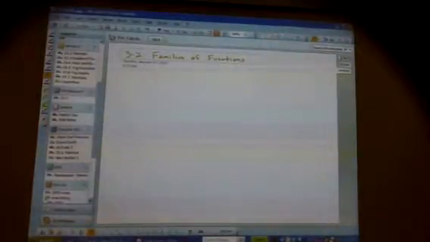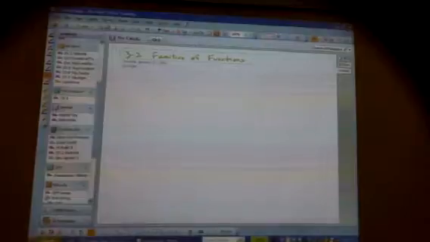Now, let me tell you first about this word function, okay? I can remember in high school and a lot of college time, not liking that word, thinking, I don't really get this word. My teachers used it all the time, and it never caused me to fail a test or anything, but I never felt like I knew what a function was.